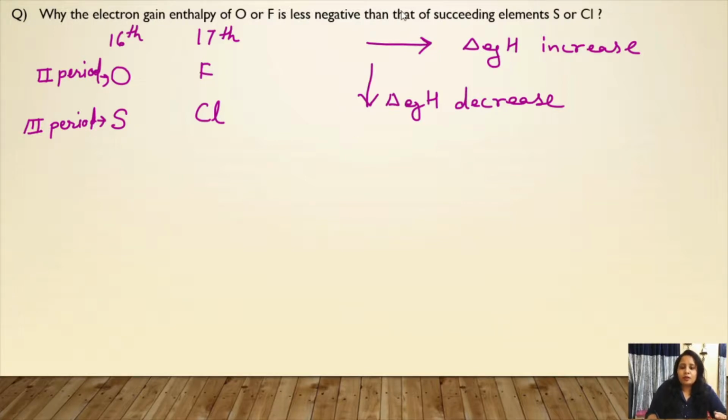That's why from up to down, lesser the power of attraction the nucleus has. So we get negative electron gain energy lesser or in the decreasing order. This is just opposite to the size.